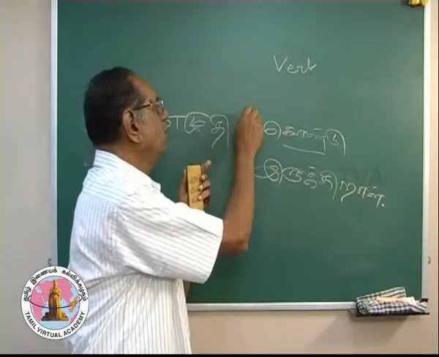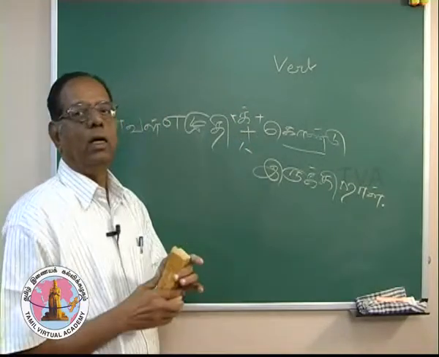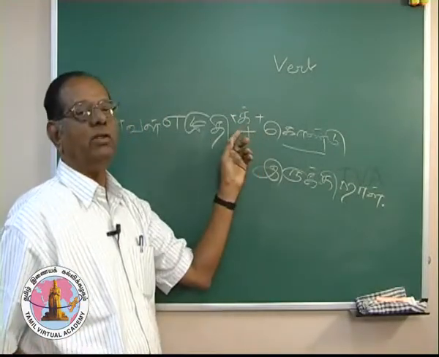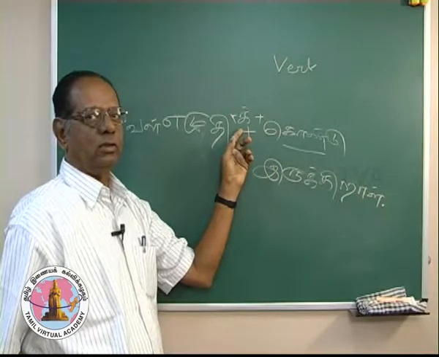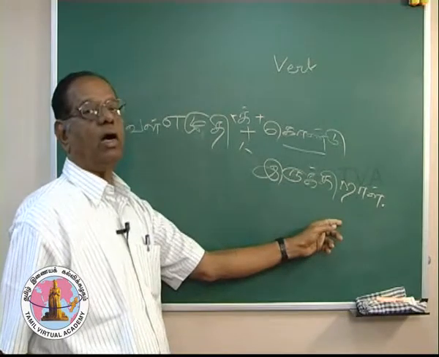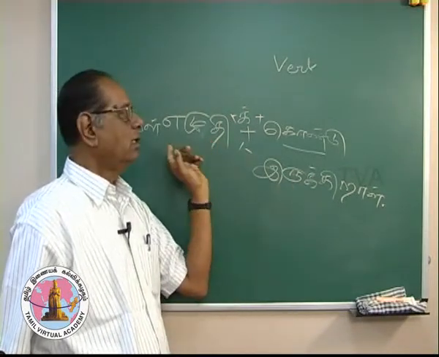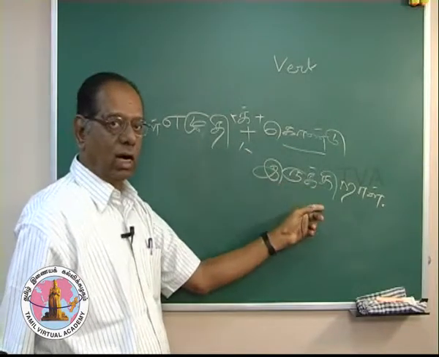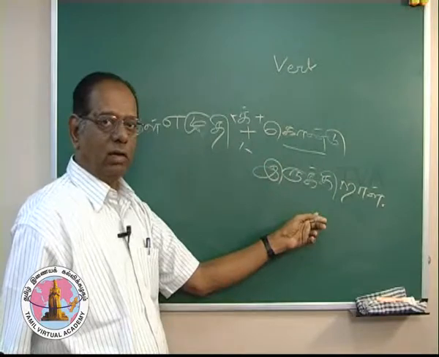So, to combine these two, this ka gets doubled or another sound is introduced. எழுதிக் கொண்டு இருக்கிறாள். She is writing. எழுதிக் கொண்டு இருந்தாள். She was writing. எழுதிக் கொண்டு இருப்பாள். She will be writing.